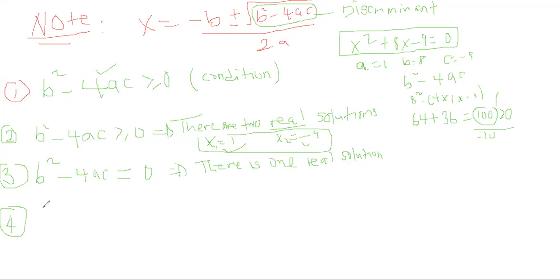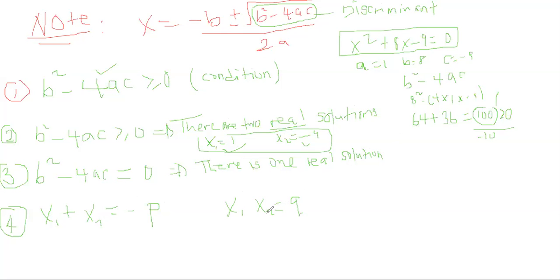Also, if x1 plus x2, remember that x1 and x2 are the roots of the equation. When you add the roots of the equation, they should give you minus p. And when you multiply the roots, x1 multiplied by x2, should give you q.